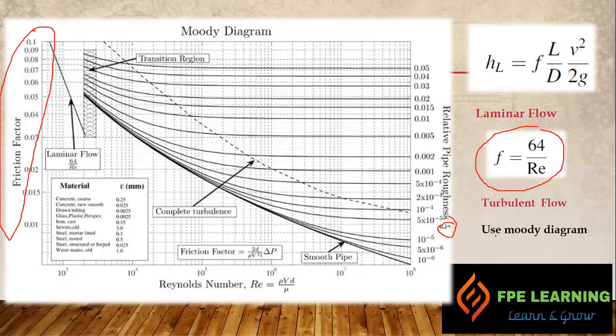And at the bottom, we have the Reynolds number. So in the laminar flow, we can simply use the formula f equals 64 by Re if we found the Reynolds number, and we can simply put this value of f into the equation and we can have a solution.